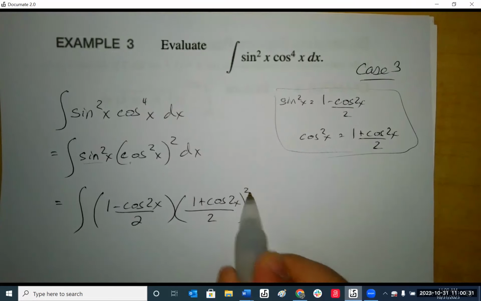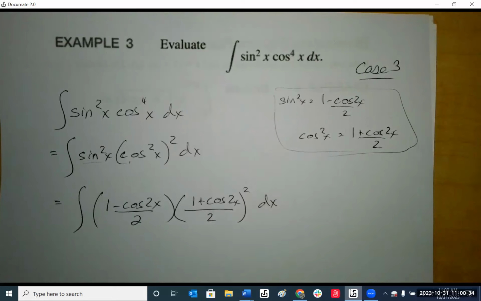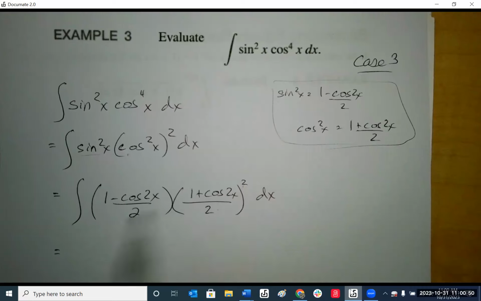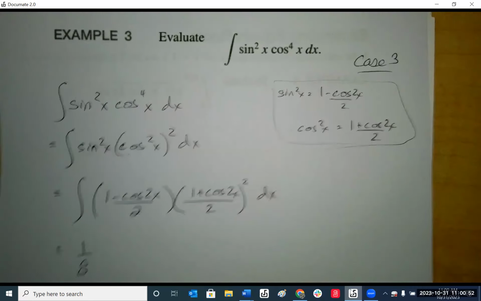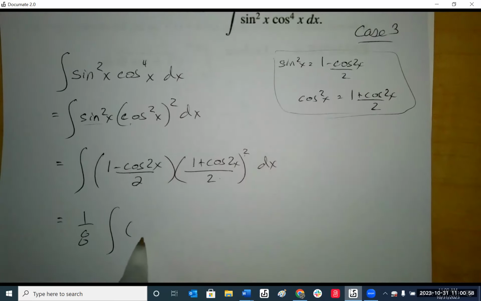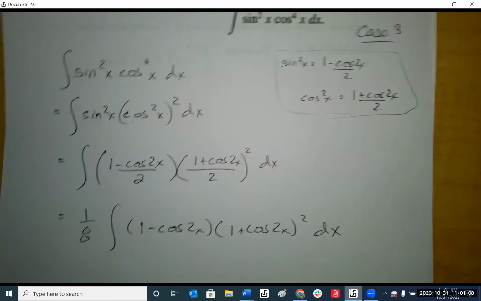It's a power reduction. Okay, so we have 2 here, and 2 squared is 4, so we can take out a 1/8 here and get rid of the denominator. So we have 1 minus cosine 2x, times 1 plus cosine 2x squared, dx.